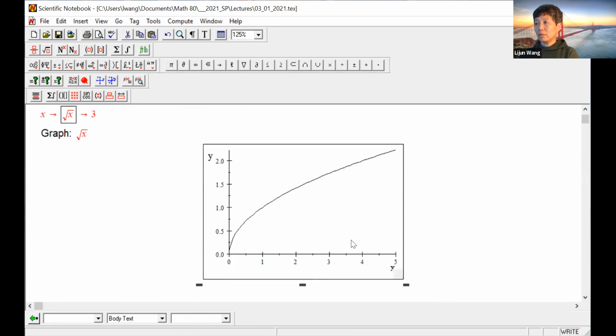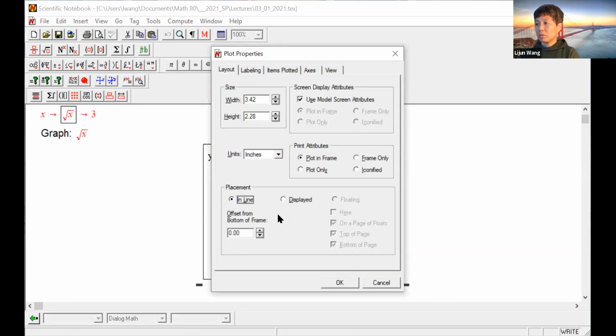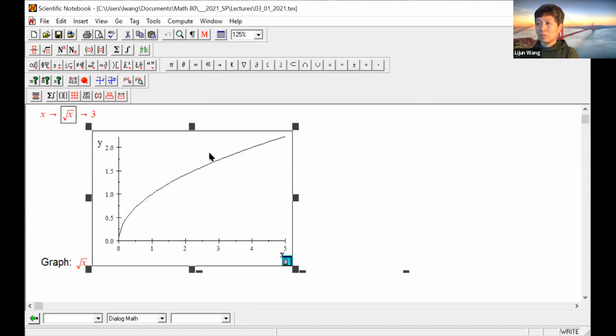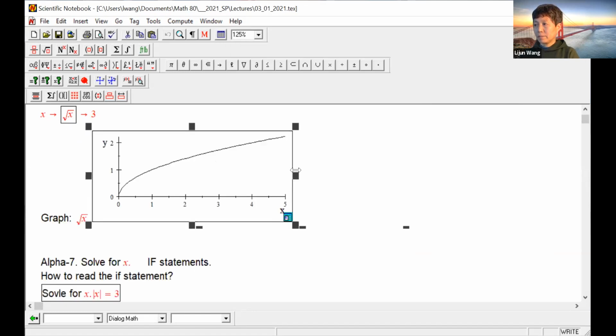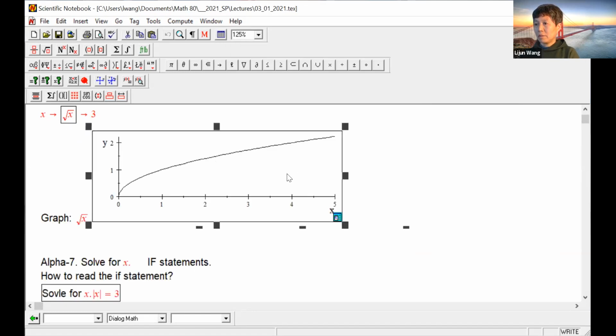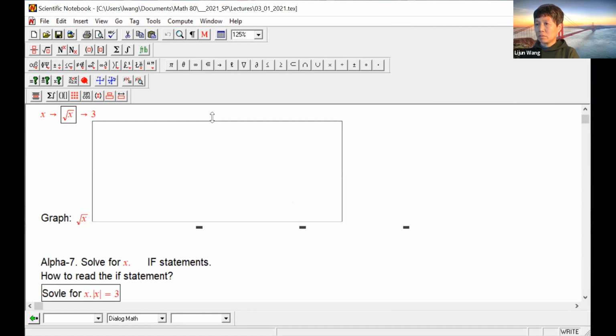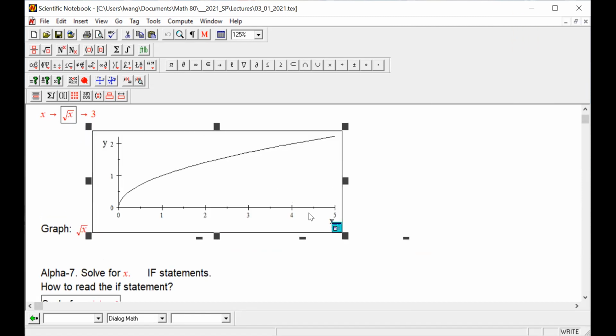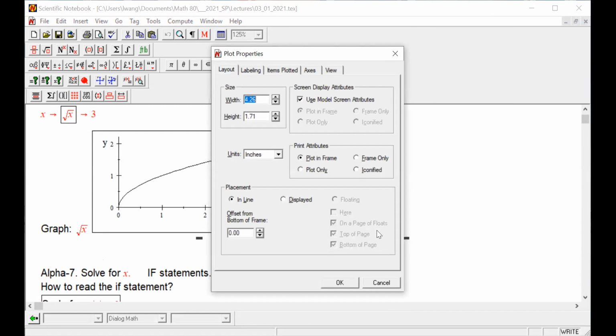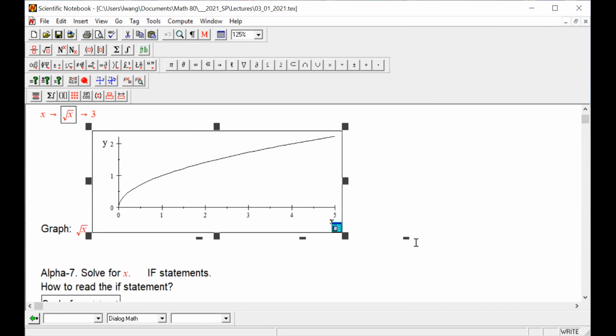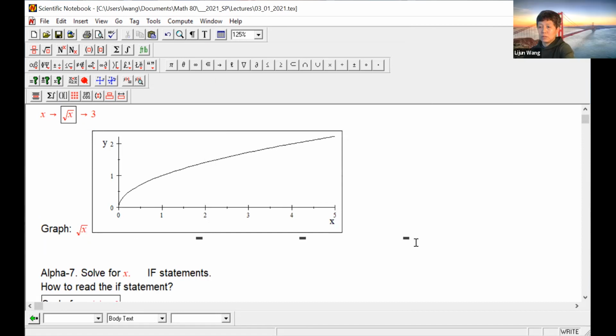Remember the domain, the range? Does everybody follow me? Do you still remember the points we plotted? Do you want to go back to look at your notes?